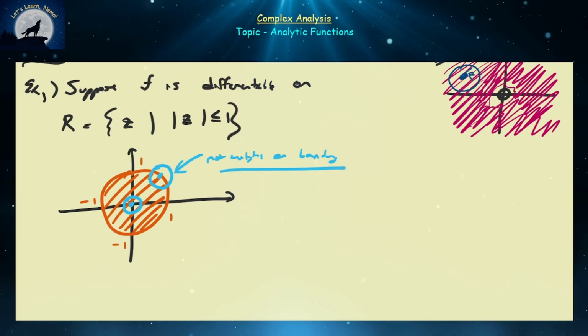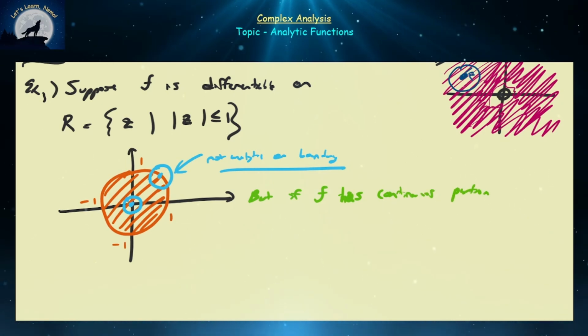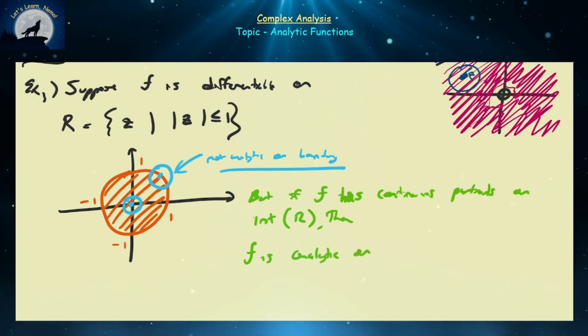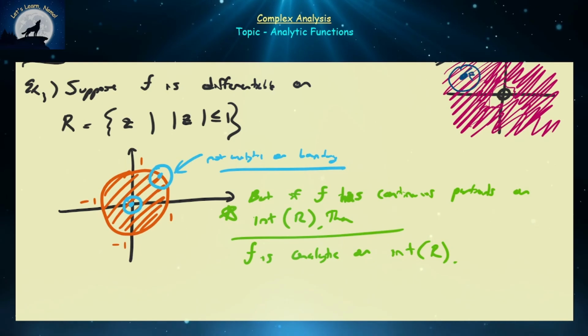But if the function f has continuous partials on the interior of R, then f is going to be analytic on the interior of R. Big assumption here: if f has continuous partials, then f will be analytic on its interior.